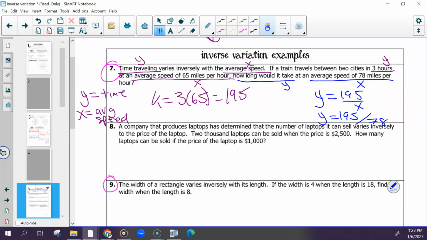Yes, what is it? 2.5 what? Miles. That's average speed. Time. What was related to time?